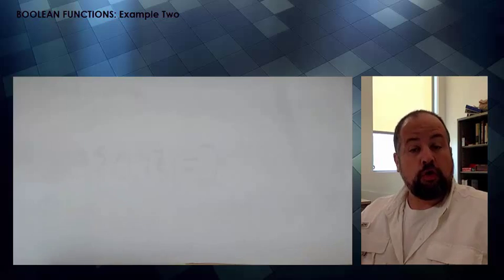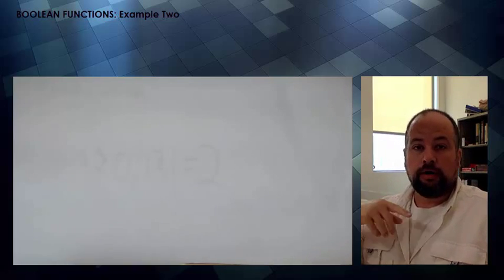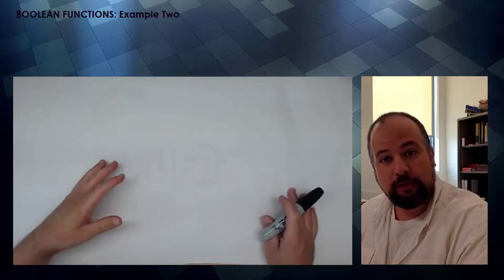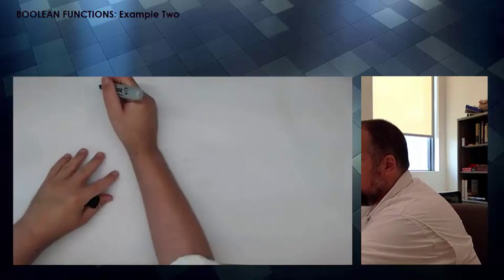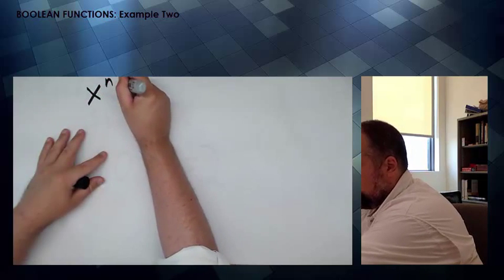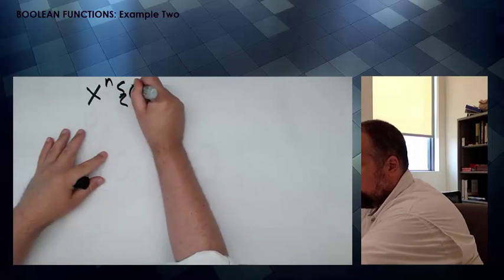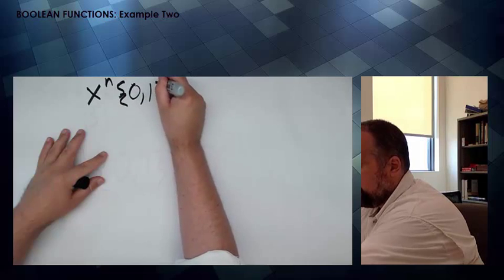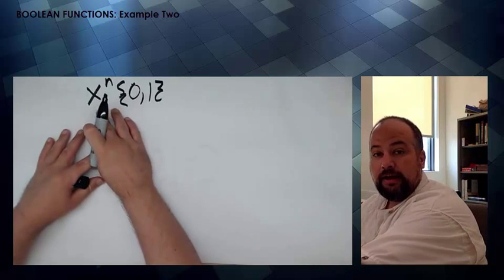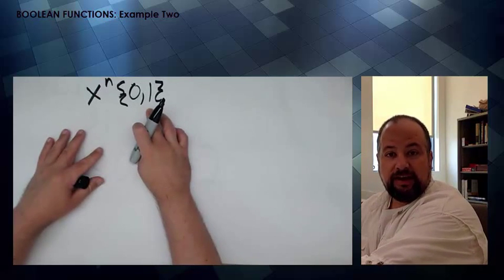Now, let's go back to the symbology that we used last time. Remember, when we say something like {0, 1} to the n, what we mean is we have n items of this set {0, 1}.